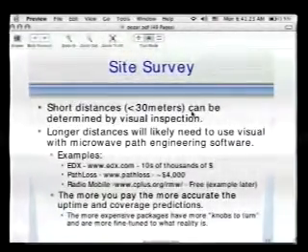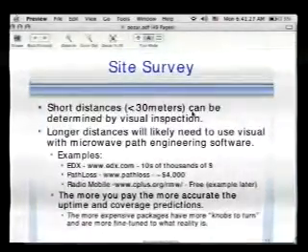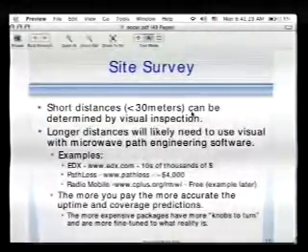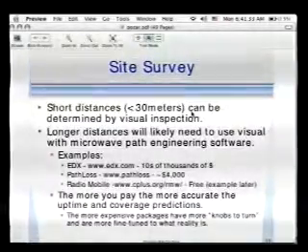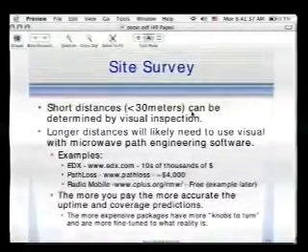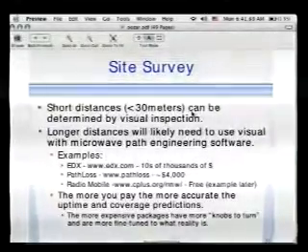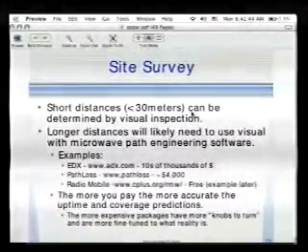But the more you pay, the more accurate uptime and coverage predictions you can get. The more expensive ones have better knobs for tuning adjustments like weather, and they have a little bit better modeling because they've been doing it a little bit longer, and it reflects reality a little bit better.